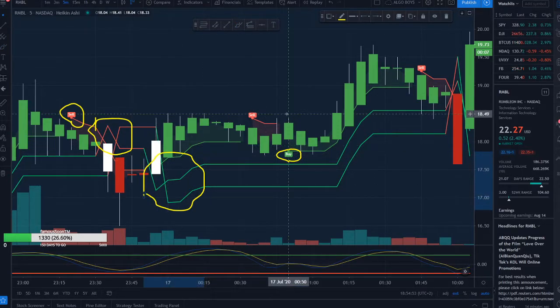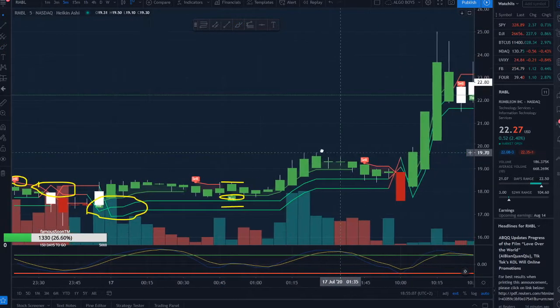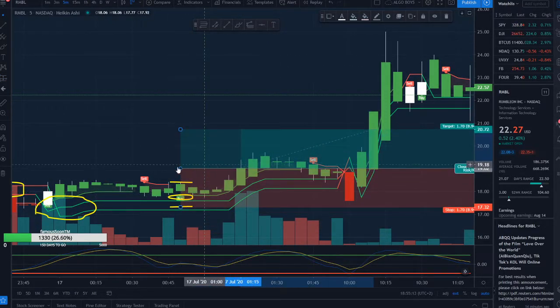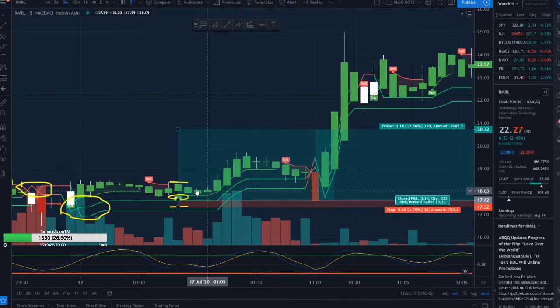So I take the entry right here. Let's say I enter the market right here. I would place my stop loss at the bottom right here, in between these two green lines, because in that case I will not hold a lot of risk, and I am able to ride the position without having to stress or become emotional.